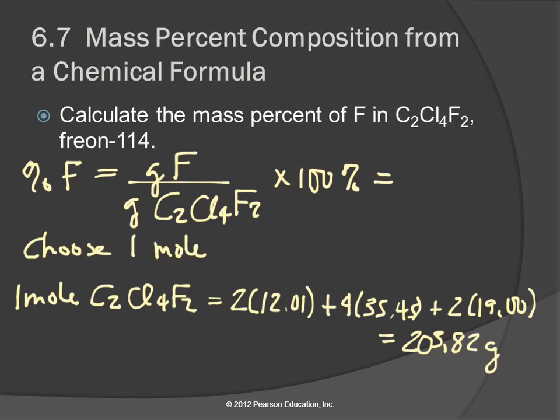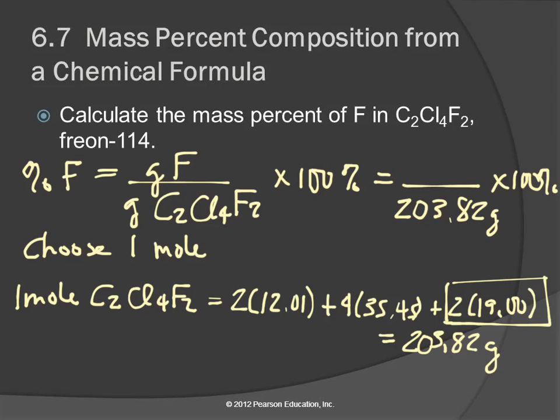So up here, that's going to go on the bottom, 203.82 grams, because that's the whole compound. In that amount of compound, what mass of fluorine is there? 38. And it's just kind of sitting here waiting for you to pick it out.